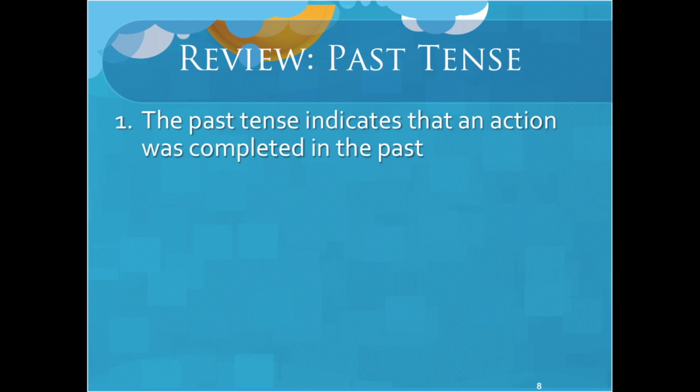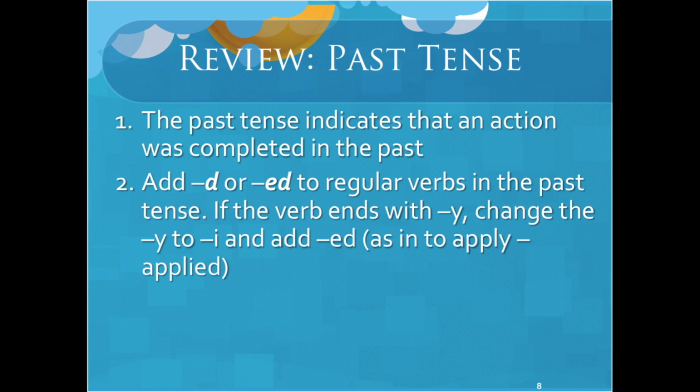Wow. So let's review. All right. The past tense indicates that an action was completed in the past. Absolutely. And add D or ed to regular verbs in the past tense. If the verb ends with Y, change the Y to I and add ed as in apply, applied.